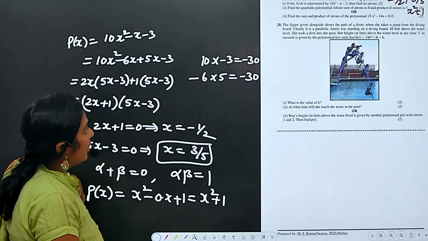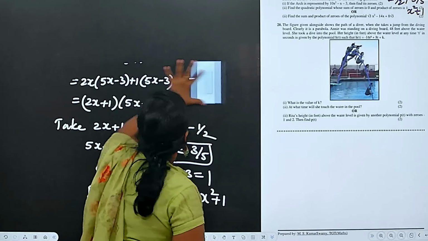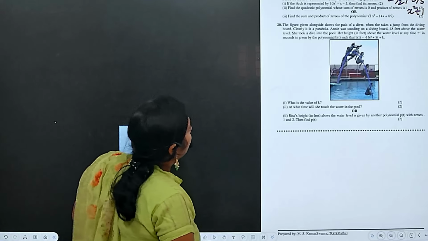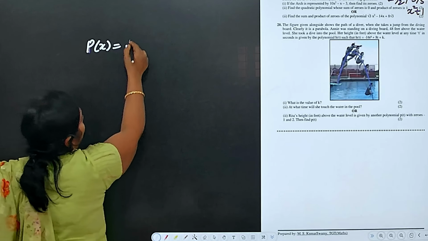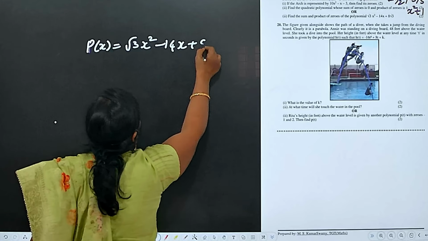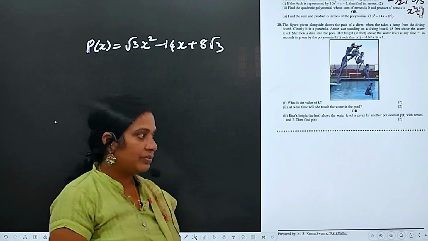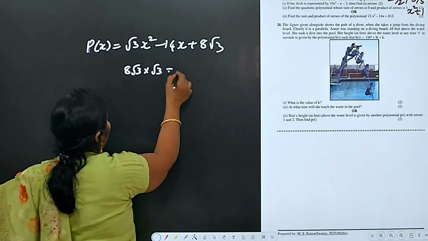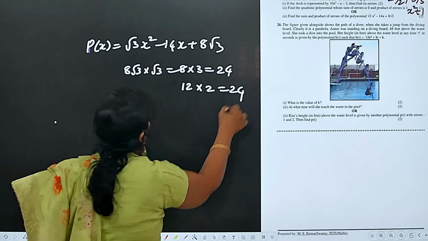Find the sum and product of zeros of the polynomial P of x equals root 3 x square minus 14x plus 8 root 3. 8 into root 3 into root 3, 8 3s are 24. 12 2s are 24.